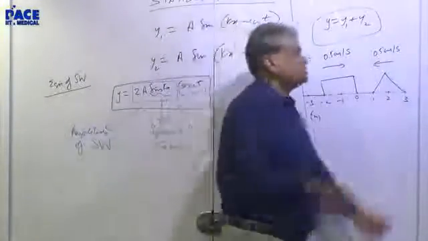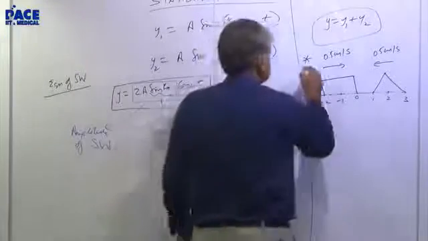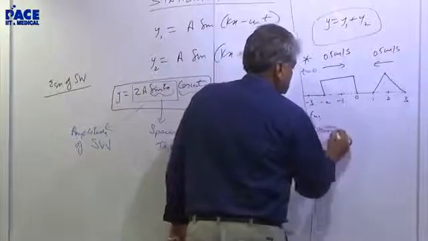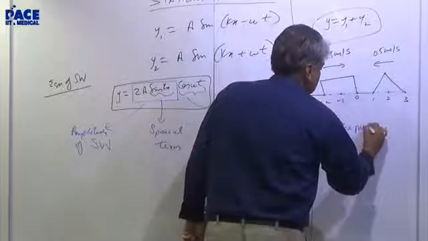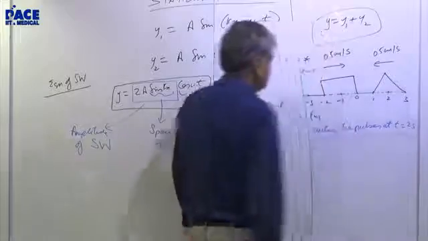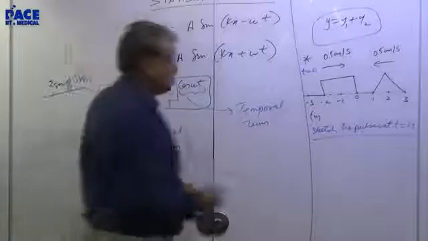Can you draw this picture after 2 seconds? This is the picture at t equal to 0. So sketch the pulses at t equal to 2 seconds. At t equal to 2 seconds, how will they look?